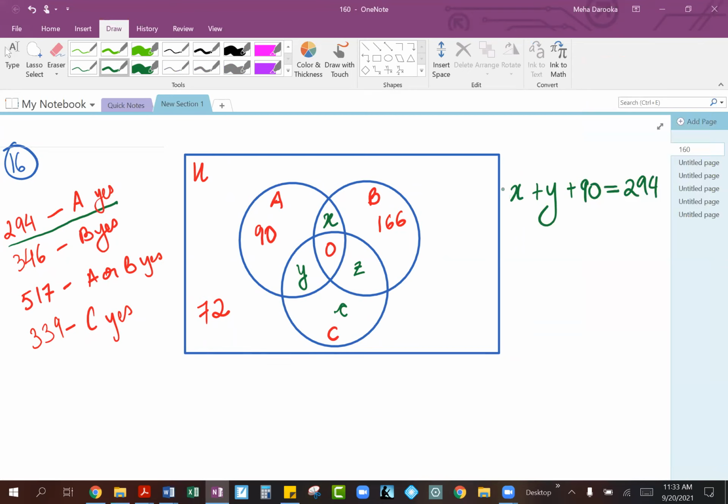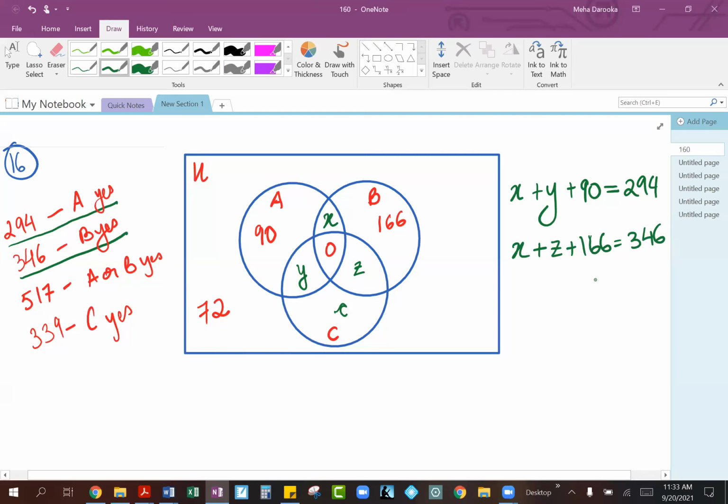So if you think about it in that same way, if you look at circle B, we can take the section X plus Z plus the 166. And we know for B, our total has to come out to be 346, because that's how many people voted yes on B, right? So those will be the two A and B proposition circles.